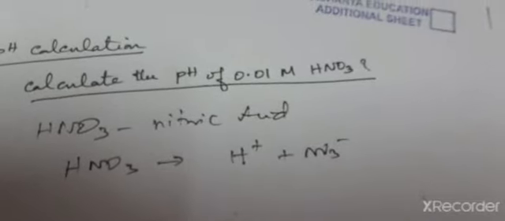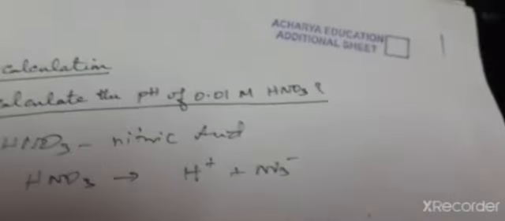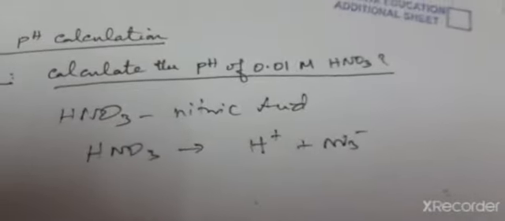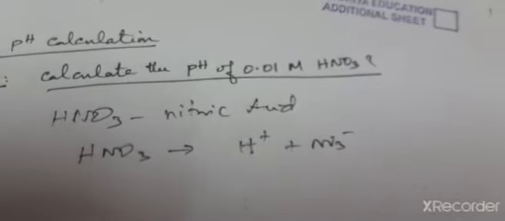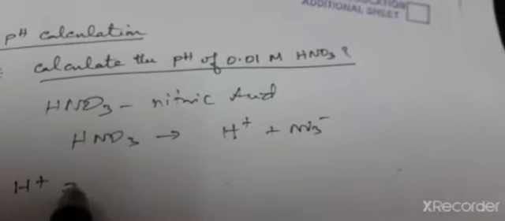So it is going to displace hydrogen ion. So we can use the formula, the negative logarithm of hydrogen ion concentration. That is, H plus is given. Then H plus is equal to 0.01.